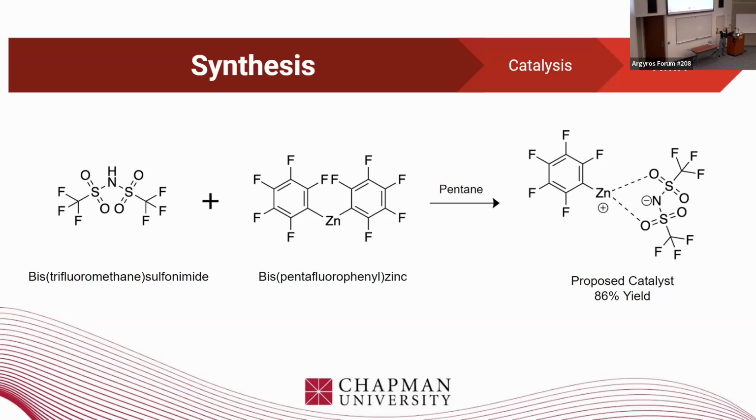The secondary phenyl group with the fluorines on the zinc does get deprotonated by the hydrogen from the bistriflimide acid. So as you can see, it's not in the catalyst. It gets filtered out before the catalyst is dried, and it has a very high yield, which is really important because then you don't have to use as much material.